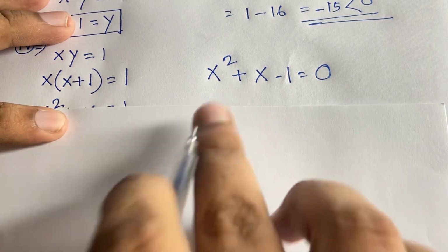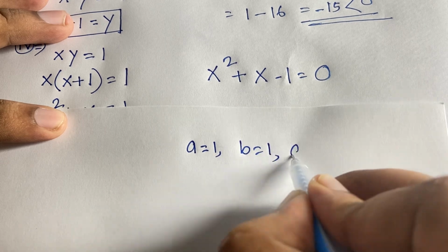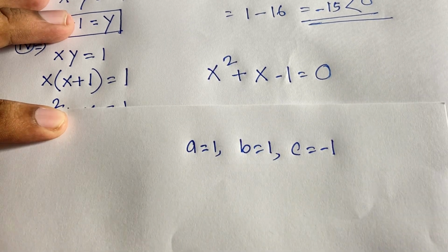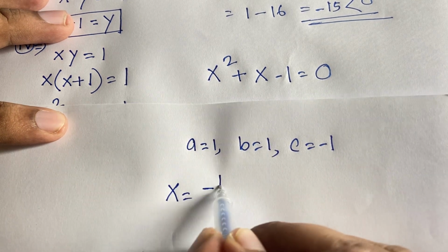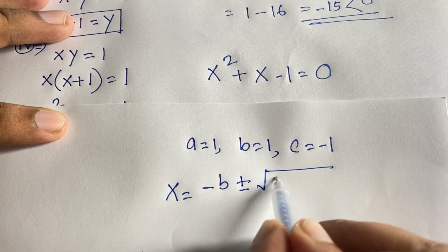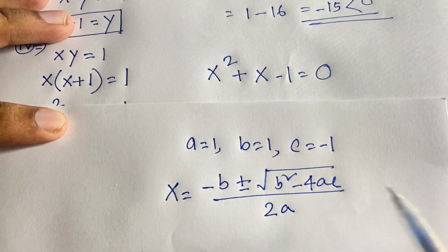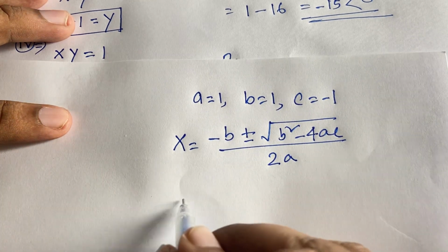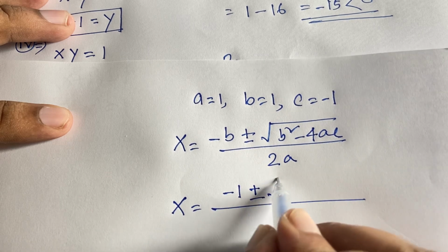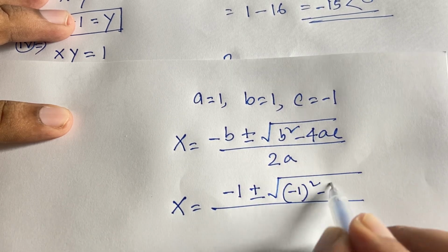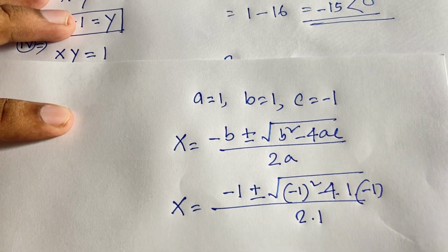Now at this moment we will find out the value of x in this quadratic equation. So here a is equal to 1, b is equal to 1, and c is equal to minus 1. So know that x is equal to minus b plus minus square root b square minus 4ac over 2a. According to these rules, I can say that x is equal to minus 1 plus minus square root 1 square minus 4ac, a is 1 and c is minus 1, over 2a, a is 1.